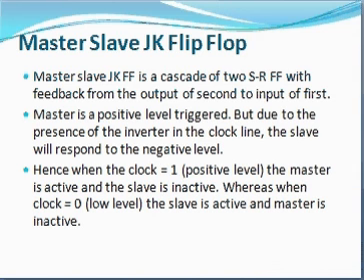In master-slave, a JK flip-flop is a cascade of two SR flip-flops with feedback from the output of the second to the input of the first. The master is positive level triggered, but due to the presence of the inverter in the clock line, the slave will respond to the negative level. Hence, when the clock is 1, the master is active and the slave is inactive, whereas when the clock is 0, the slave is active and the master is inactive.